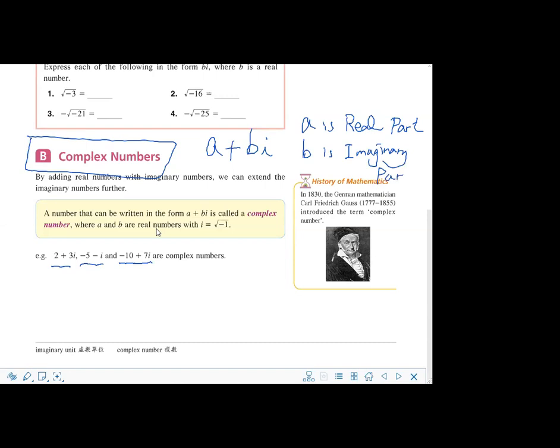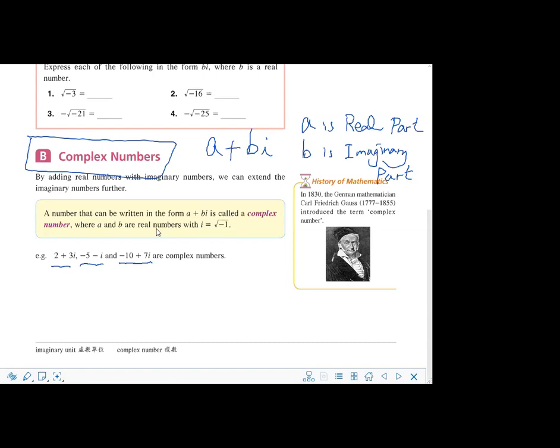Note that the imaginary part is only the number attached to the i. Don't write the i in it. The imaginary part is the coefficient of i. It is the number attaching to the i, and does not include the i.